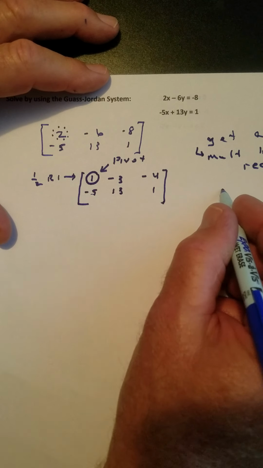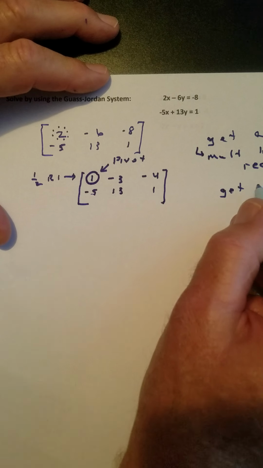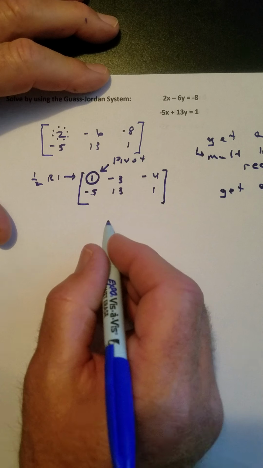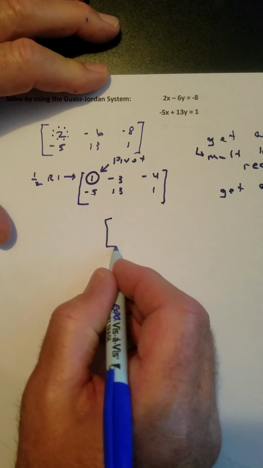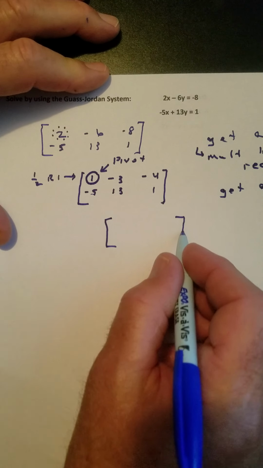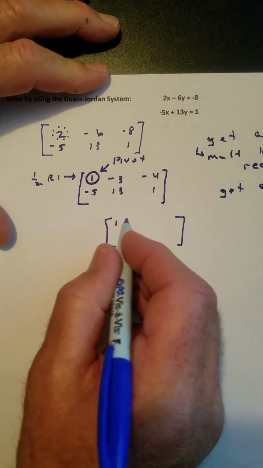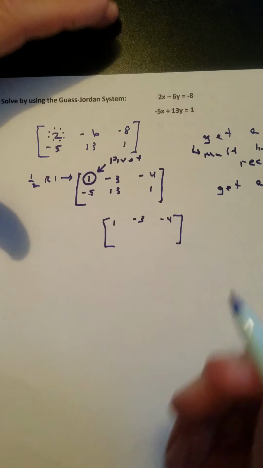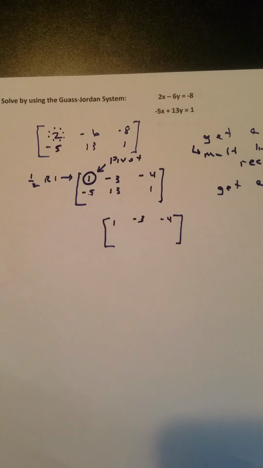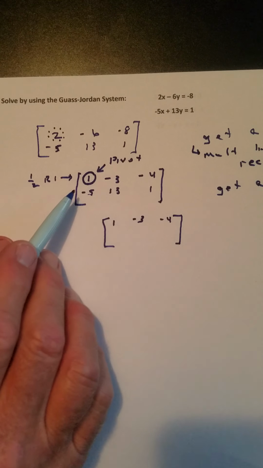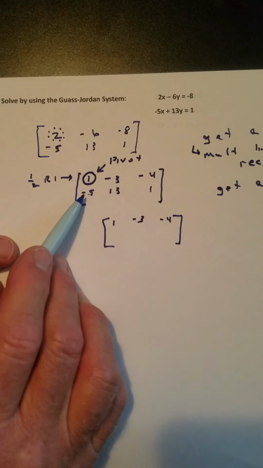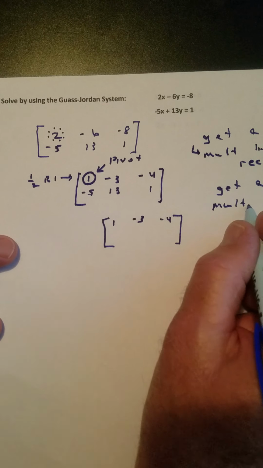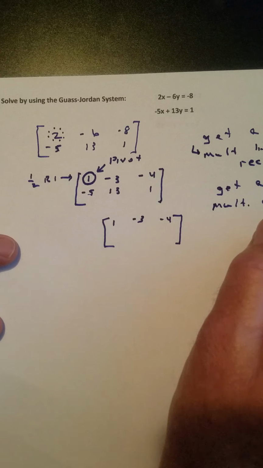So I'm going to put out here, get a 0. Top row is going to stay the same. Now, to get a 0 here, we're going to multiply and add.